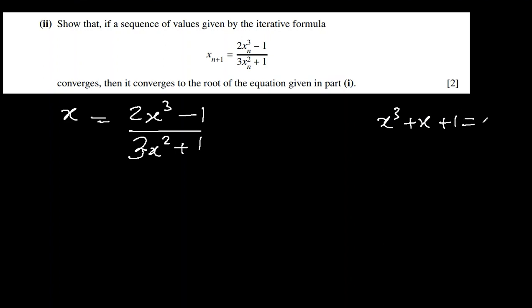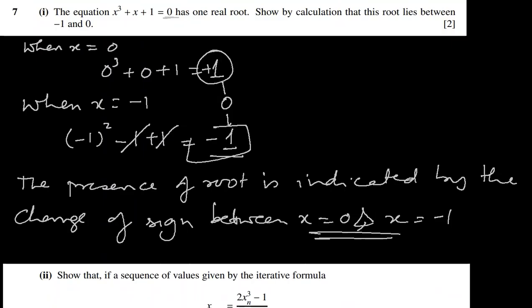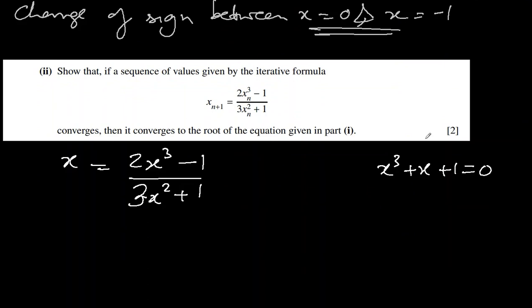So in place of x_{n+1}, I wrote just x. In place of x_n, I will write just x. And this also, I will write just x. My target is x cube plus x plus 1 equal to 0. So let's cross multiply. 3x cube plus x, when I multiply this denominator there, equal to 2x cube minus 1.